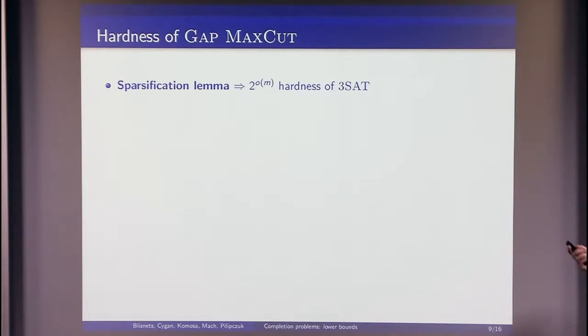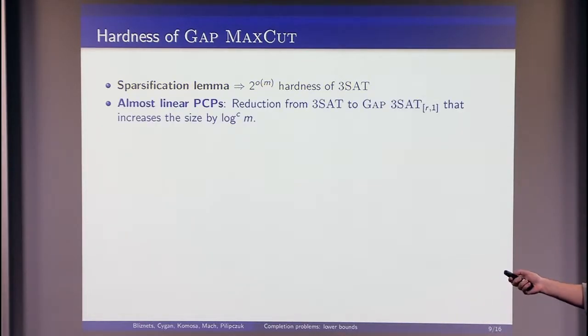First of all, the sparsification lemma gives me subexponential hardness of FreeSat in terms of the number of edges, of clauses. Then, if you apply the existence of almost linear PCPs that is known, this gives you actually a reduction from FreeSat to gap FreeSat. This is a problem of distinguishing a fully satisfiable instance of FreeSat from an instance where you can satisfy only at most an r fraction of the clauses.